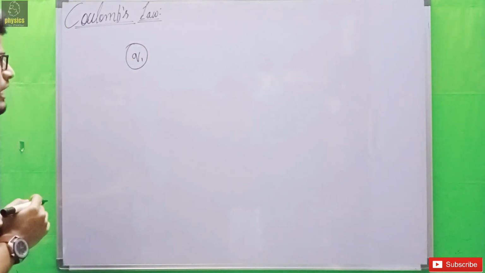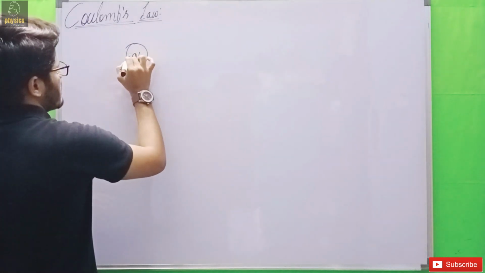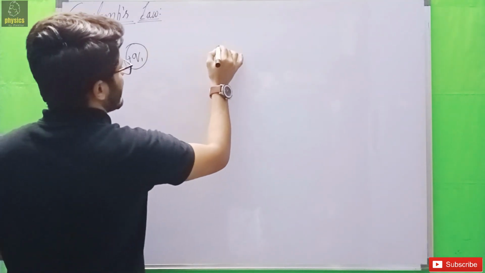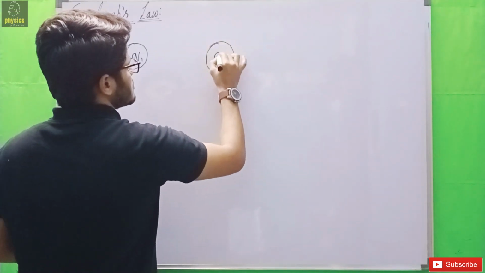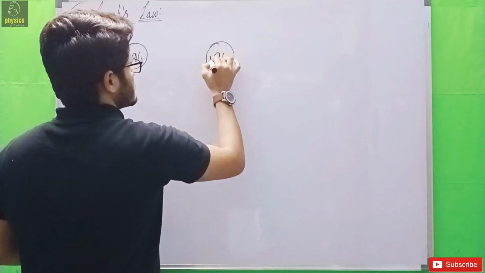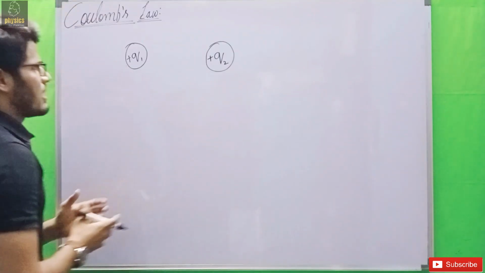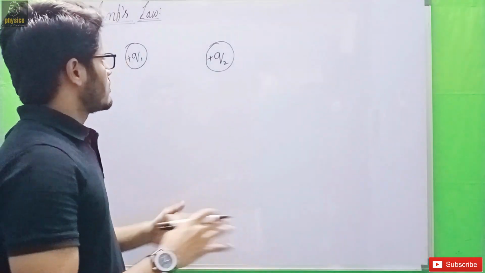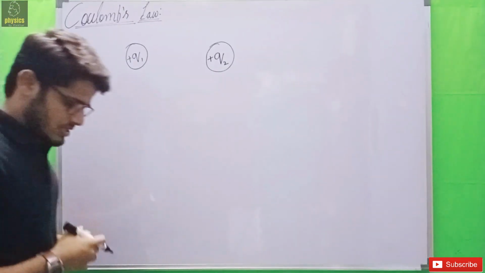Q1, let this be a positive charge, and I have another charge, Q2. This is also positive. It does not matter whether you take positive or negative, but for now I'm taking both as positive.